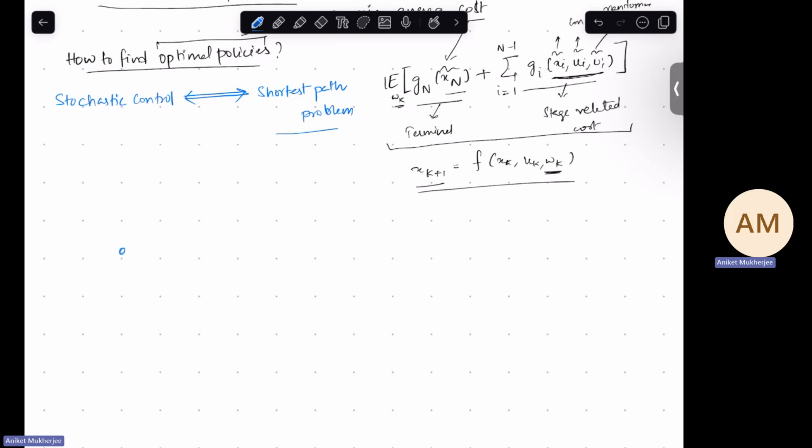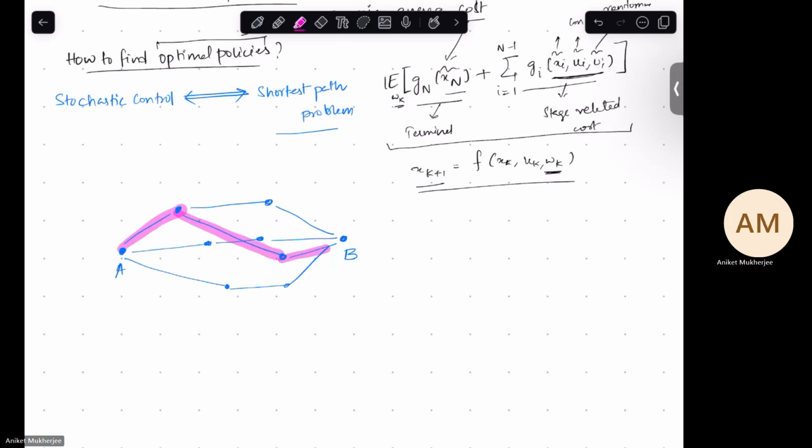So I'll reframe the shortest path problem. If you want to go from A to B, suppose there are multiple paths to go from A to B. Suppose I say that this is your optimal path.